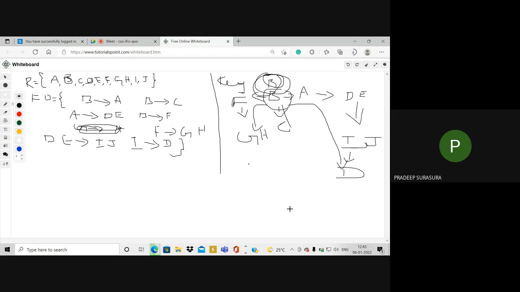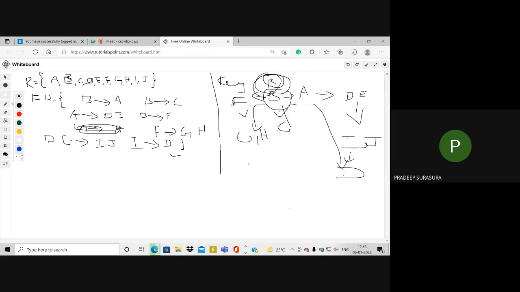Similarly, go with the second normal form definition. Write down the second normal form definition: R is in 2NF if it is in 1NF, and no non-prime attribute is partially dependent on the key.